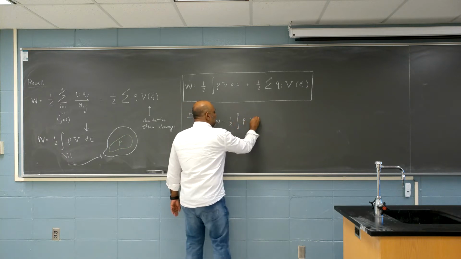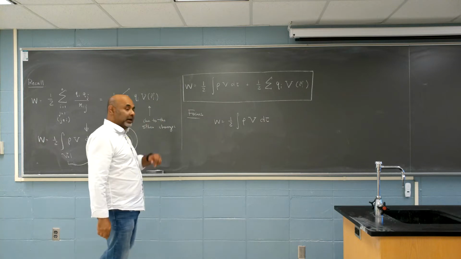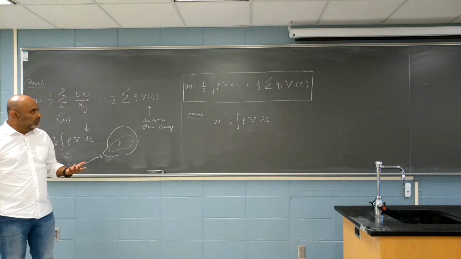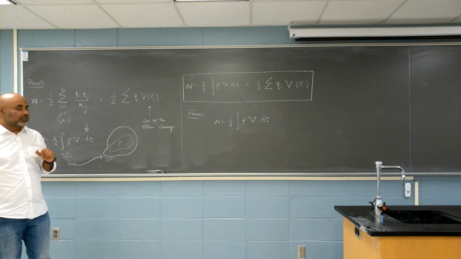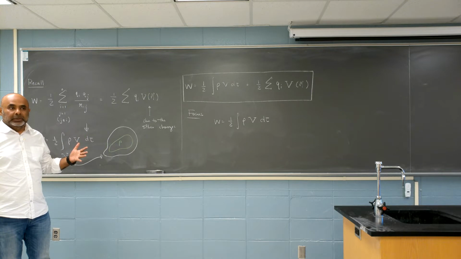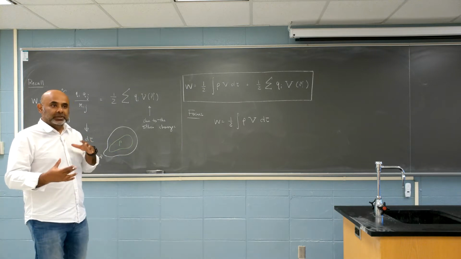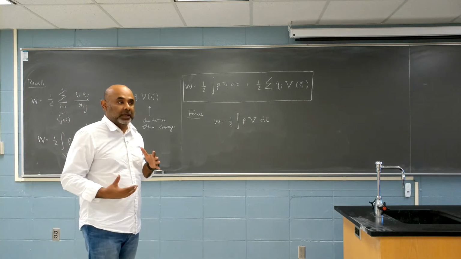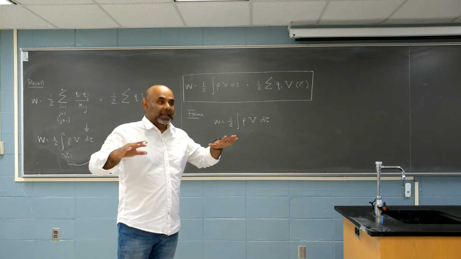There is a nice way to see where the energy is stored. This is an expression for the work we have done to assemble the charges. Now in doing so, energy is stored. And one interpretation is the energy is stored in the field. Well, which field? The electric field.